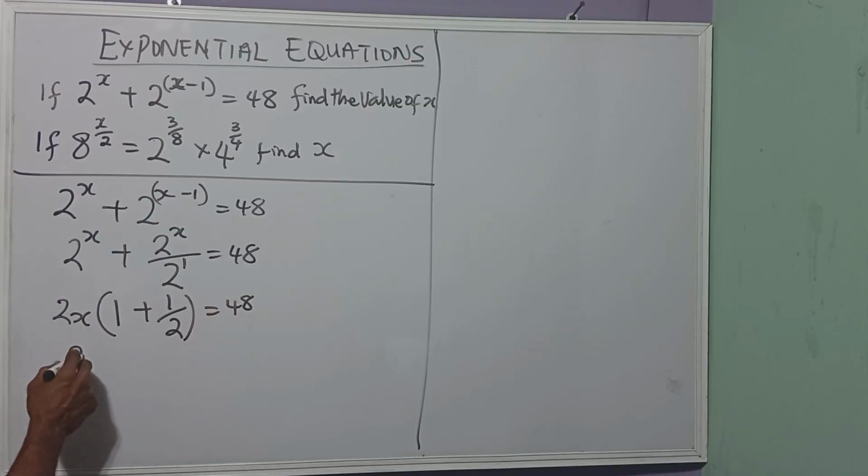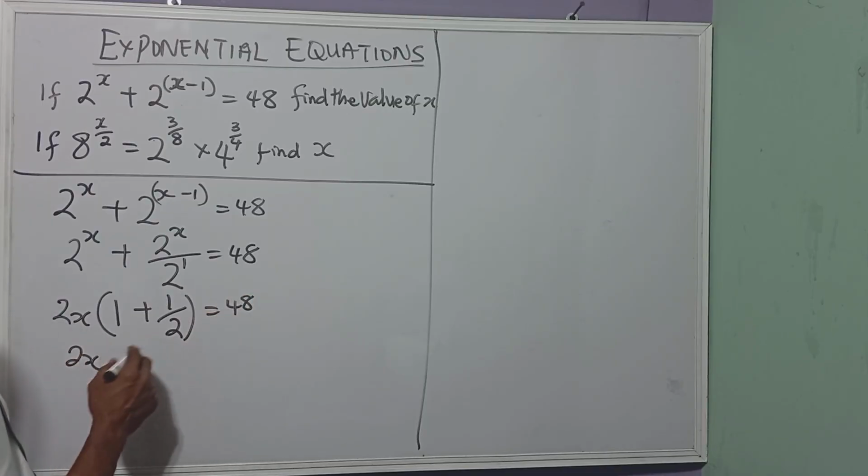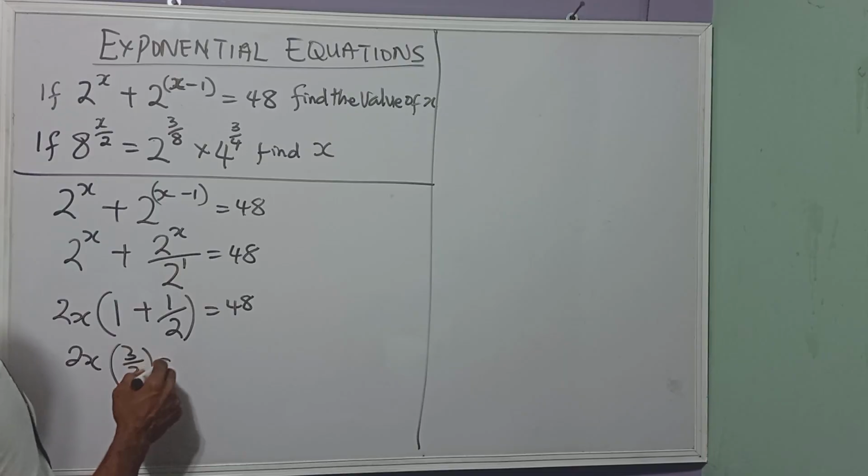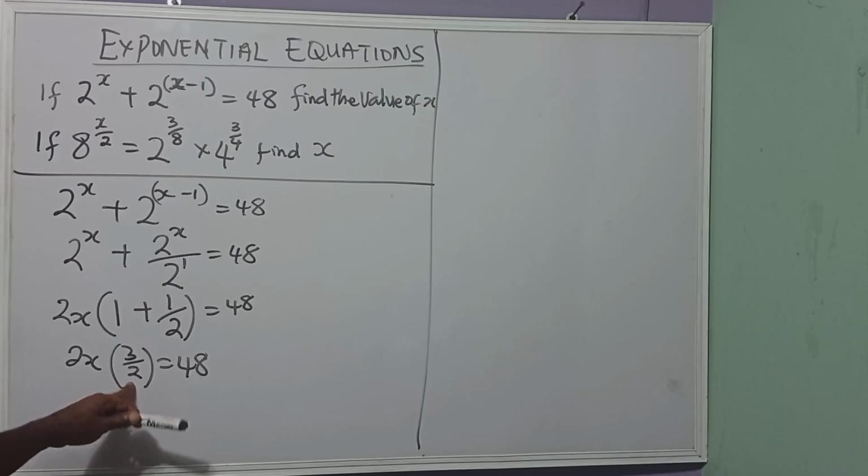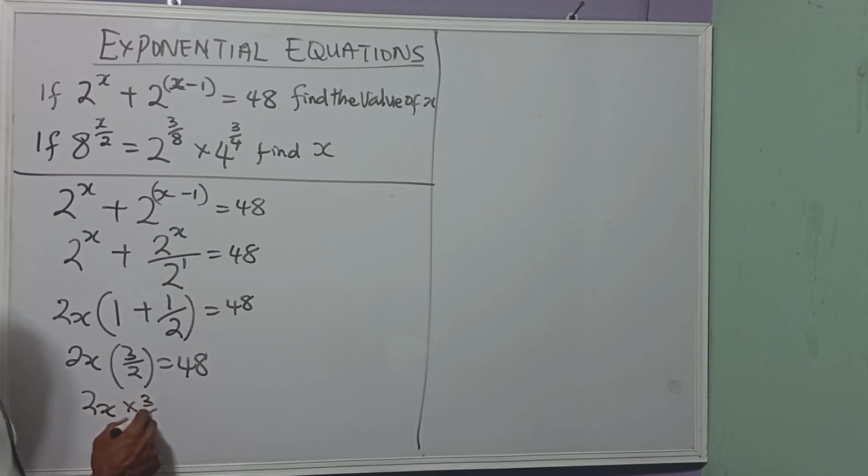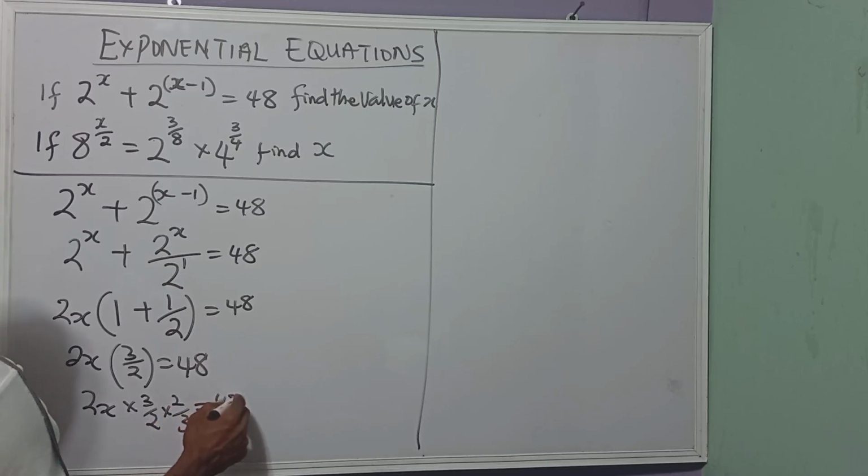Adding this gives us 3 over 2. So we multiply both sides by the reciprocal of 3 over 2. This gives us 2 raised to power x times 3 over 2 times 2 over 3 equals 48 over 1 times 2 over 3.